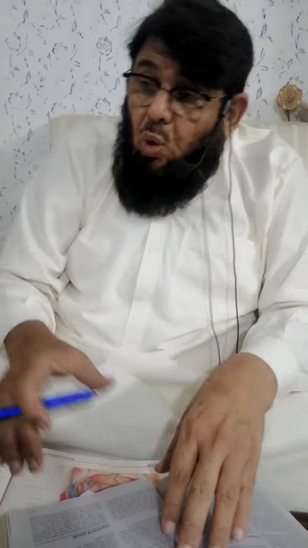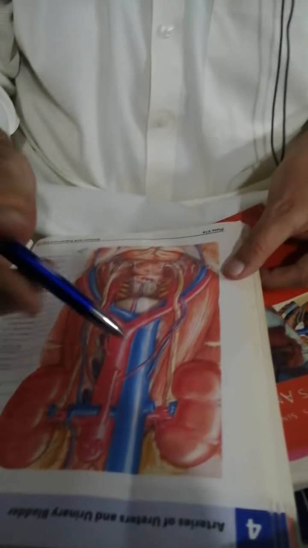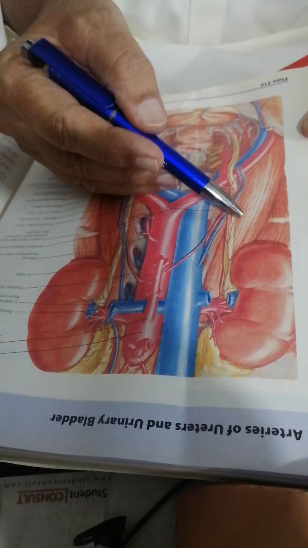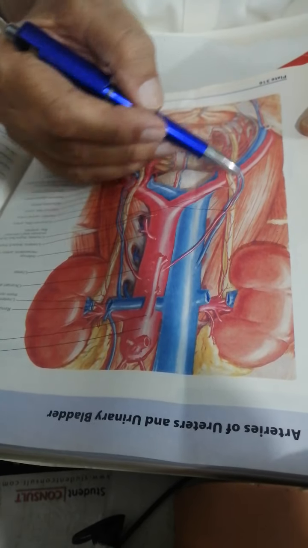Alright, now these are the course and relations of the ureter. Let me repeat it over here. This is the ureter from the pelvis, and this is the psoas major.